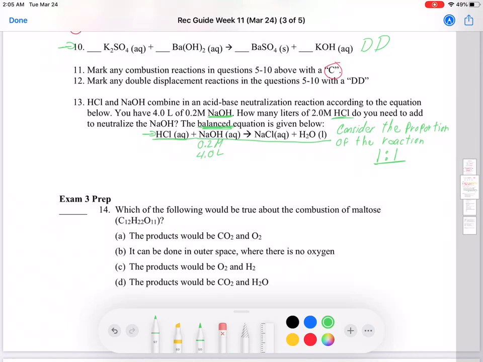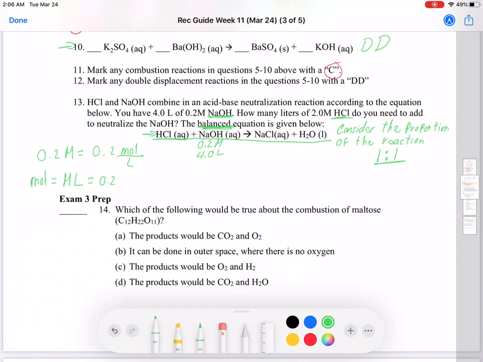ratio. What does that mean? If you recall, if I have 0.2 molar, that is the same as saying that I have 0.2 moles per liter. Right? So if I have 0.2 moles per liter, and they are telling me that in this case I have 4 liters, that means that moles is going to equal molarity times my volume.